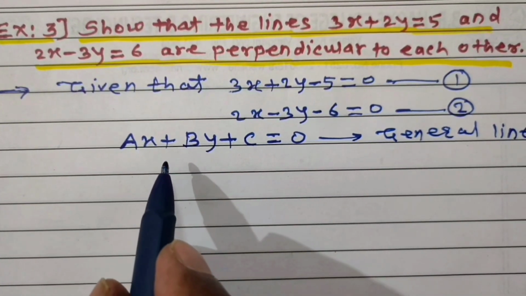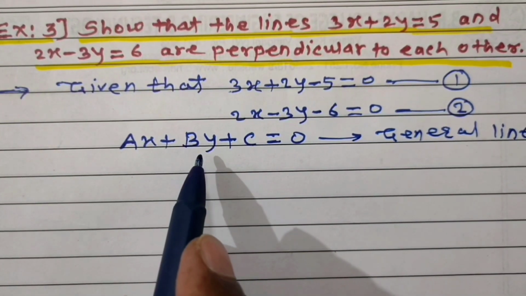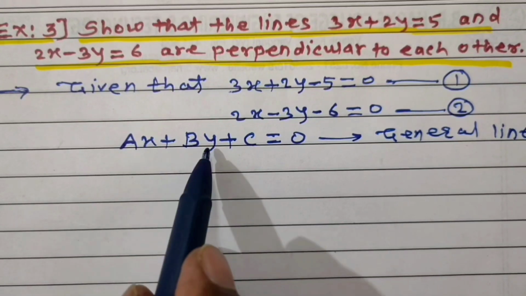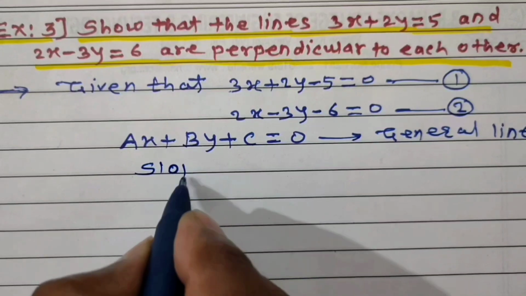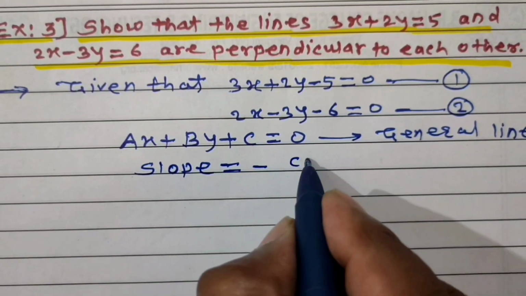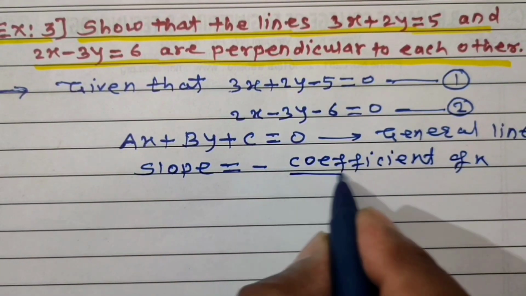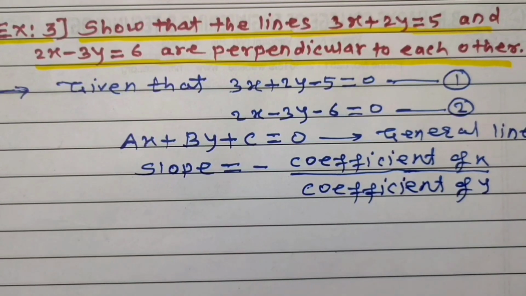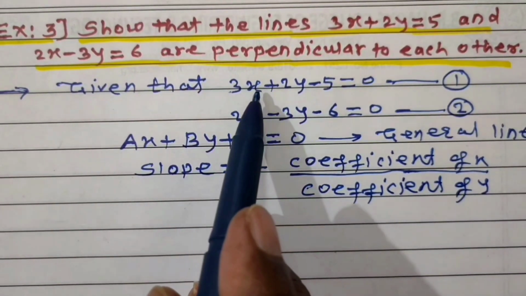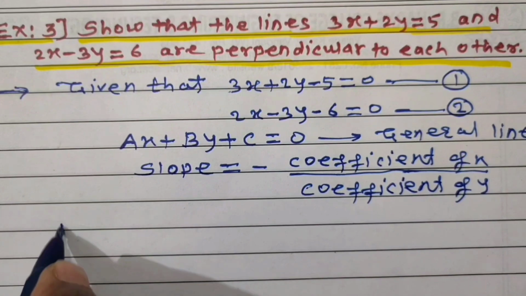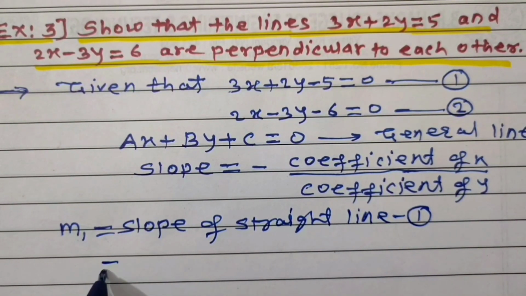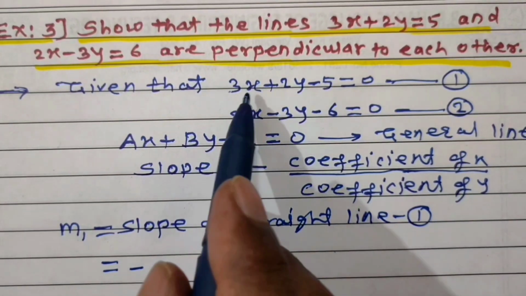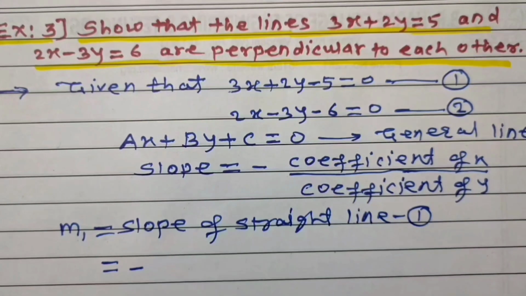In the general line, the slope of the line is given by minus coefficient of x divided by coefficient of y. That is, slope is equal to minus coefficient of x divided by coefficient of y. Now applying this formula for straight line 1, m1 is the slope of straight line 1, given by minus 3 divided by 2.